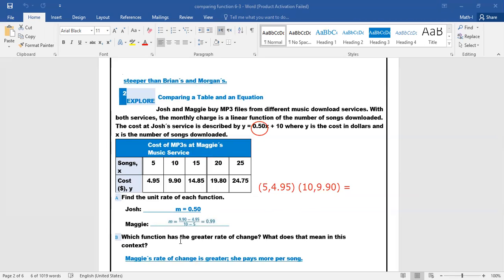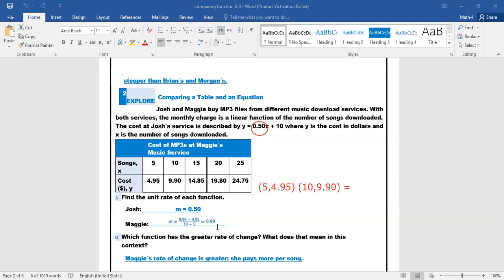Now, which function has the greater rate of change? Josh is 0.5 and Maggie is 0.99. Maggie is greater.